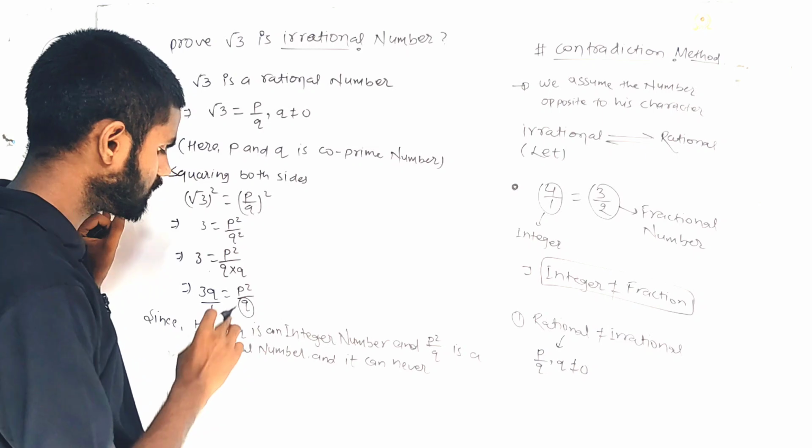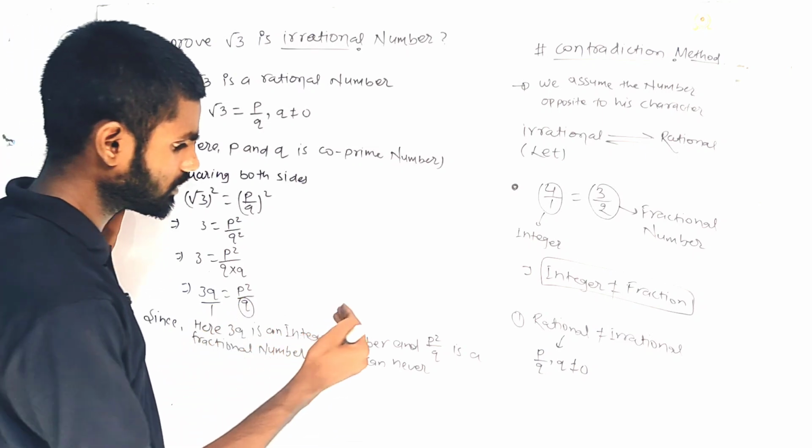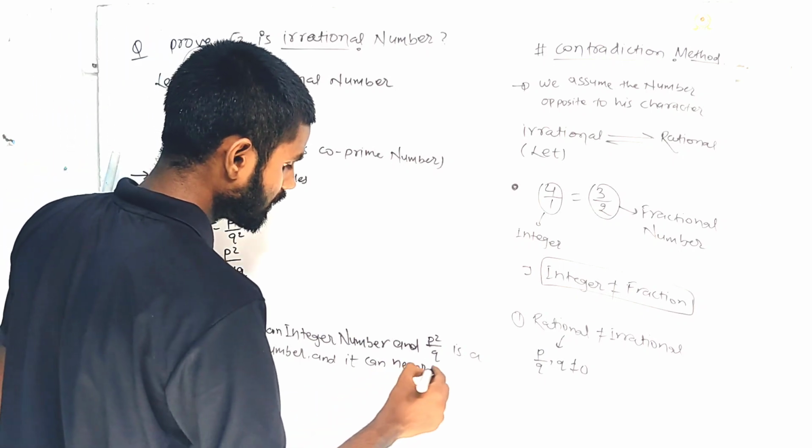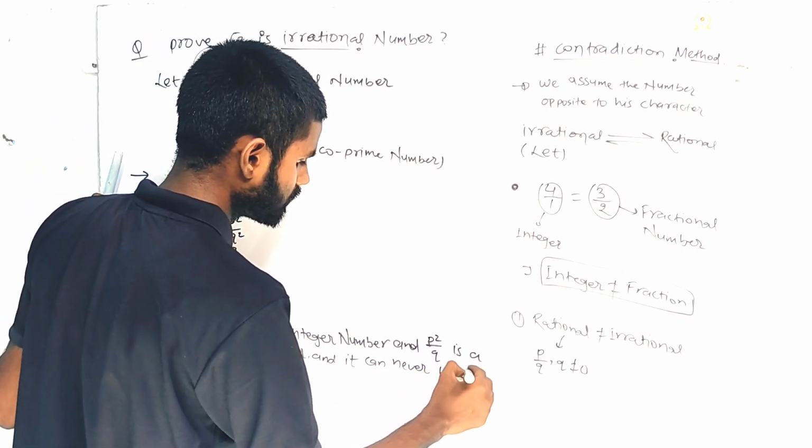Listen here: 3q is an integer number and p square by q is a rational number, and they can never be equal.